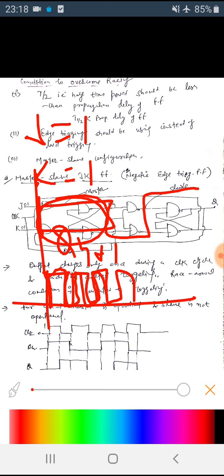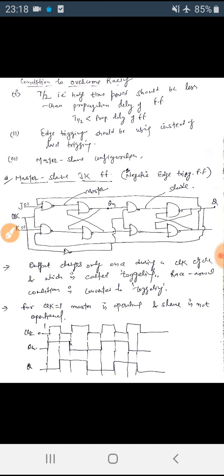When clock pulse was high and both the inputs were 1, it was racing around from 0 to 1 and 1 to 0. So it was a problem in the JK flip-flop. How we can overcome that racing?